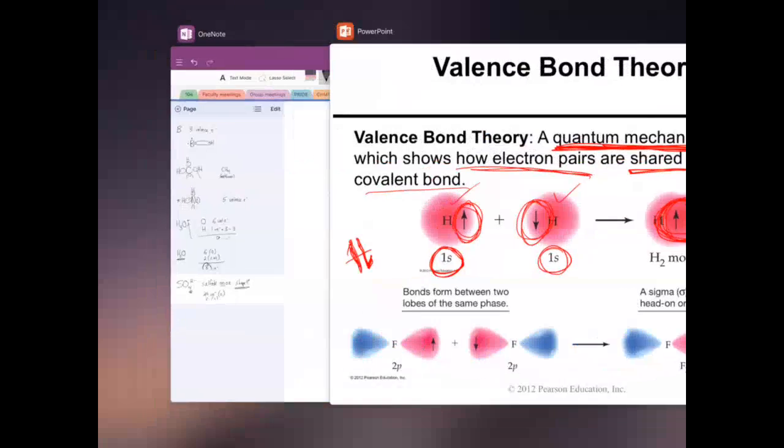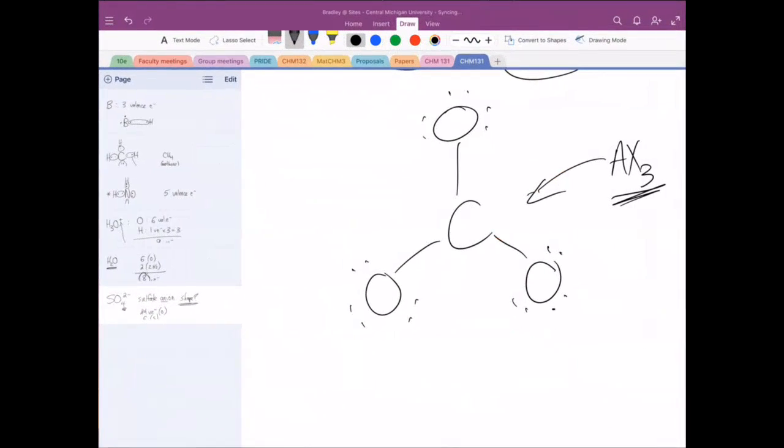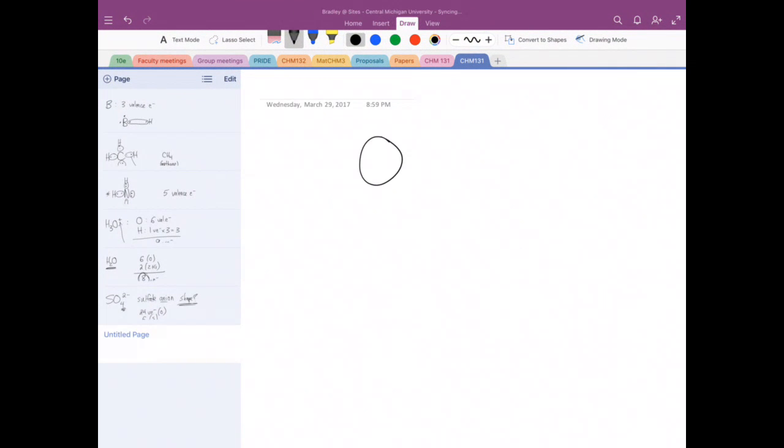For an s orbital, it's pretty straightforward. Let me just doodle it here. Where you have two s orbitals and they overlap like this, that's a sigma.